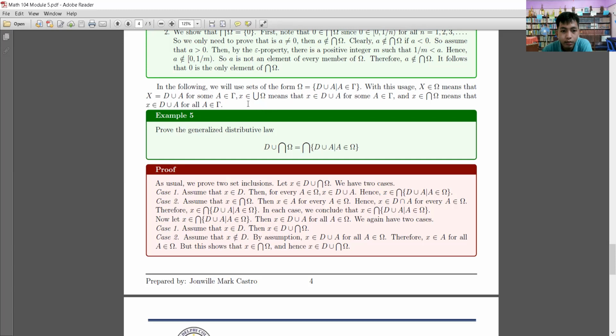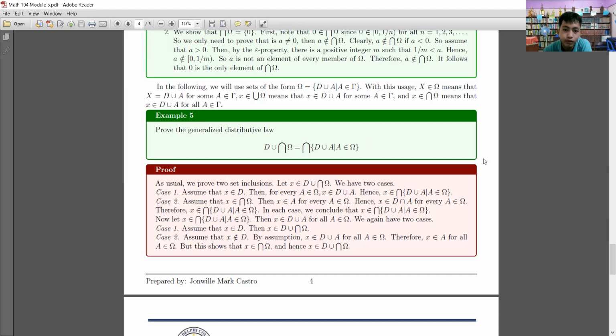So, kapag X is in the union, means X is in D union A for some A in tau. At kapag yung X is nasa intersection, X is in D union A for all A in tau.